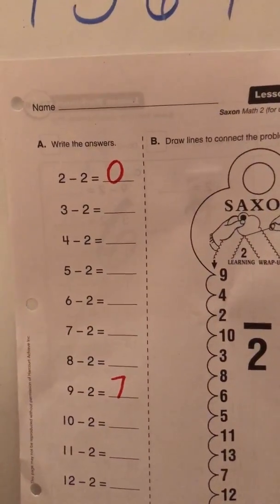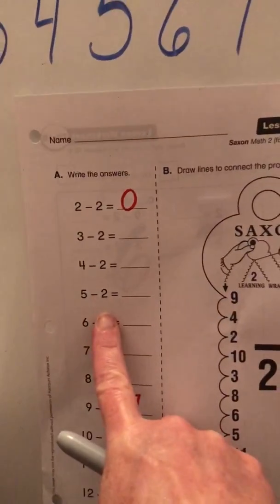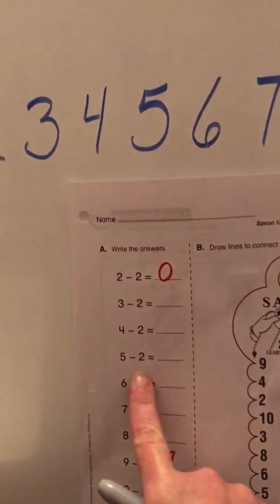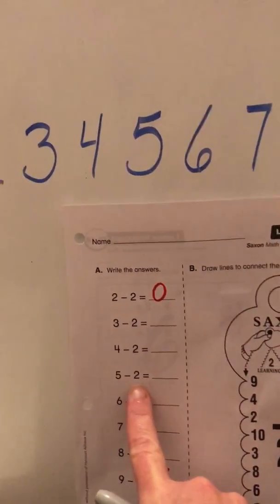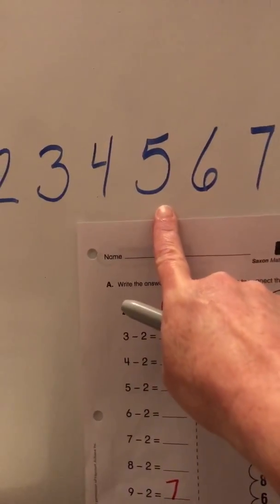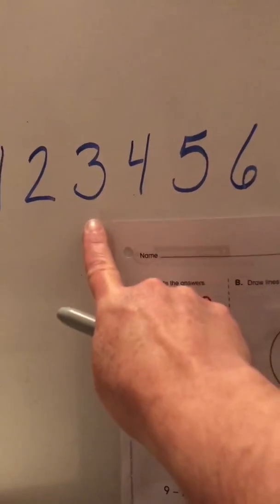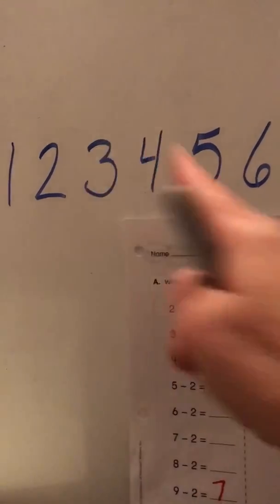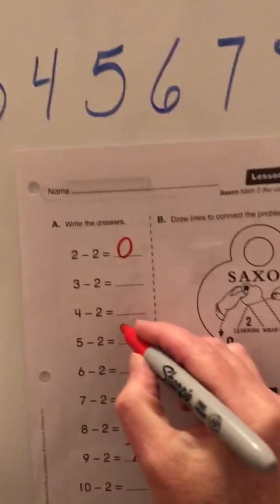Okay, let's go to 5 minus 2. I know some of you can figure these out right away. You already know them, but I'm just going to go up to the number line here and count back 2. 4, 3. 5 minus 2 equals 3.